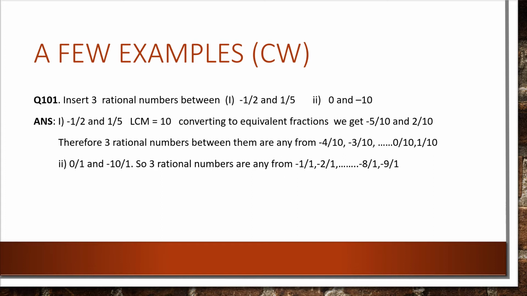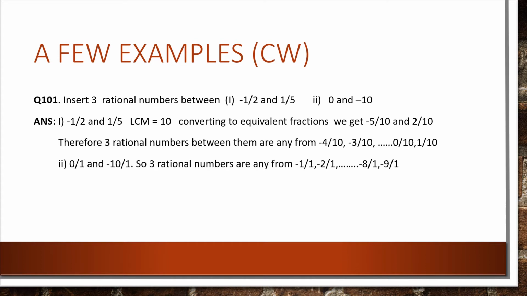Part 2, it's again inserting three rational numbers between 0 and -10. Now 0 means 0/1, -10 is -10/1. So the denominators are already same, but the numerators are different. Obviously it's 0 in one and -10 in the other.